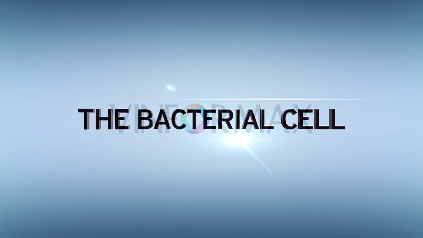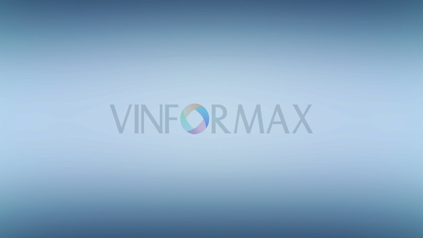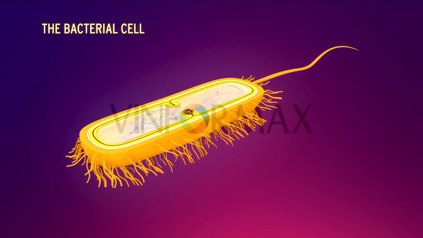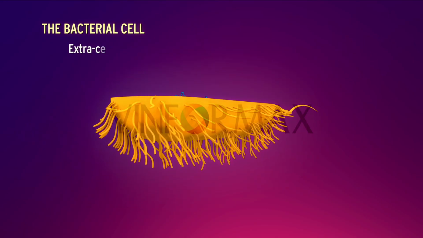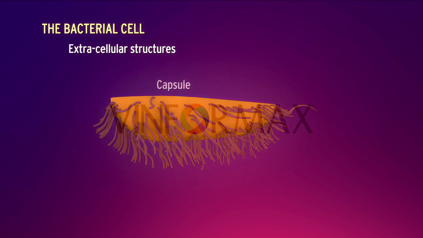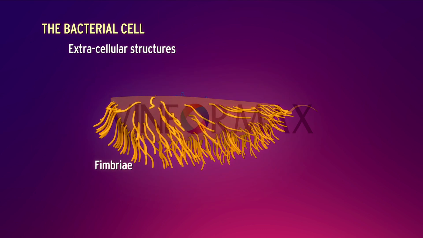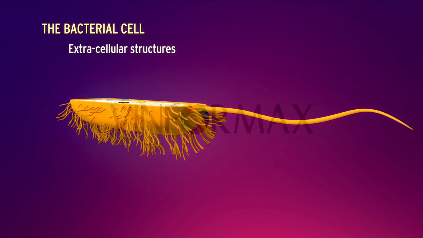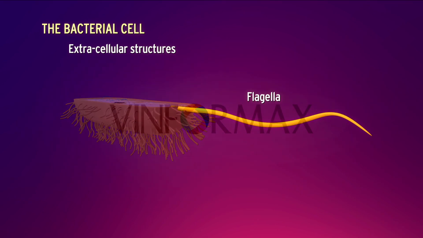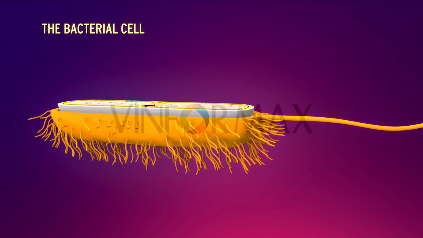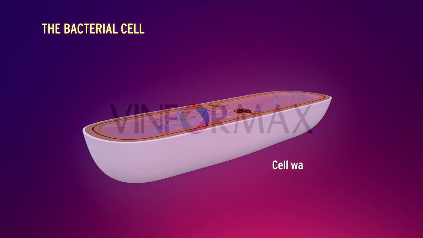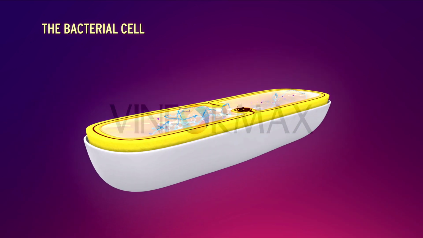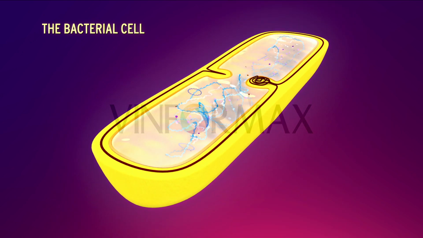The bacterial cell. A bacterial cell may comprise extracellular structures such as capsule, fimbriae, and flagella. All bacterial cells have an outermost cell wall and cell membrane.